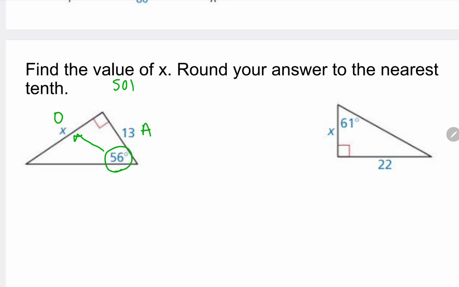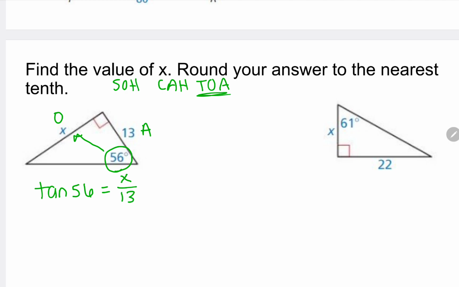So out of sine, cosine, and tangent, tangent is the one that uses opposite and adjacent. So that's why we're going to be using tangent here. So we would say tangent of 56. It's always tangent of the angle. So far we've used a letter to represent the angle, but this time we know the angle measure is 56. Equals opposite over adjacent.